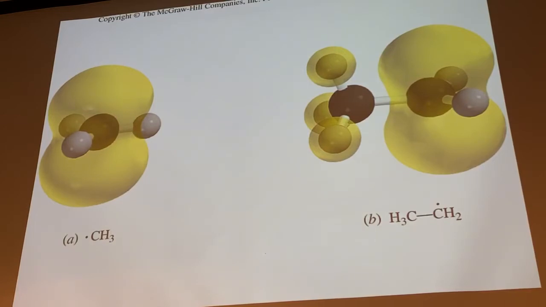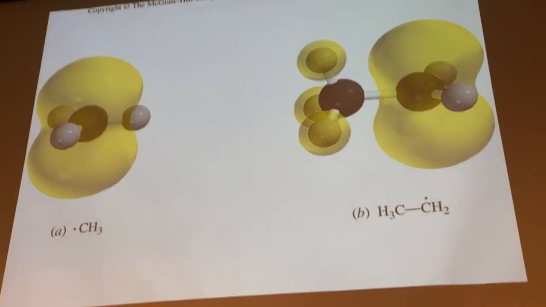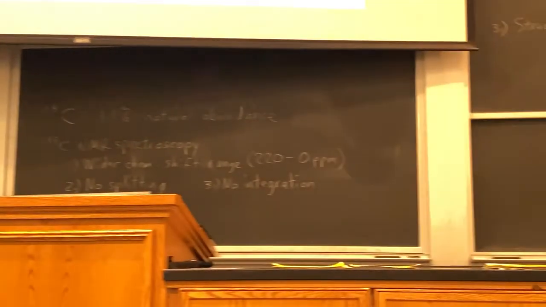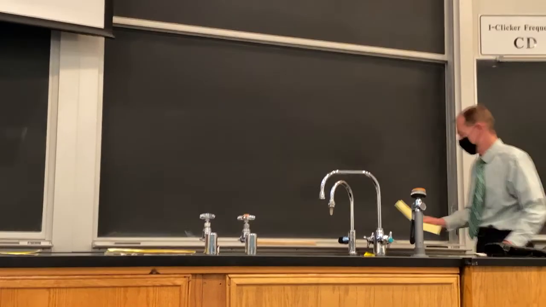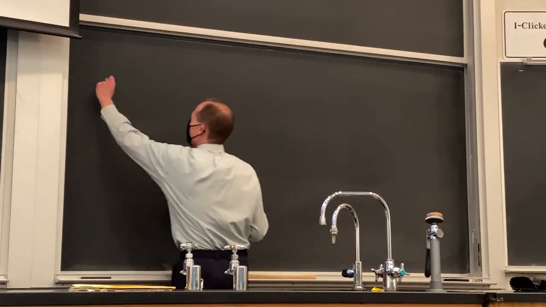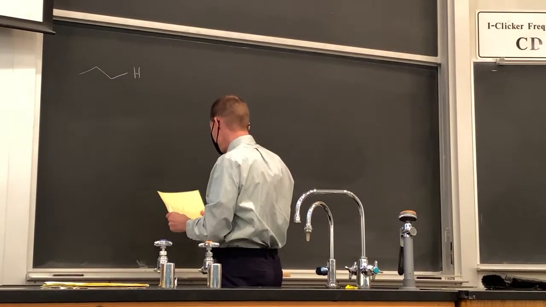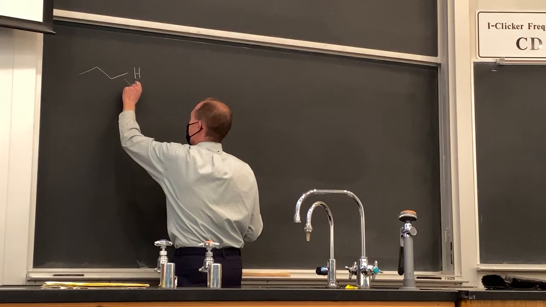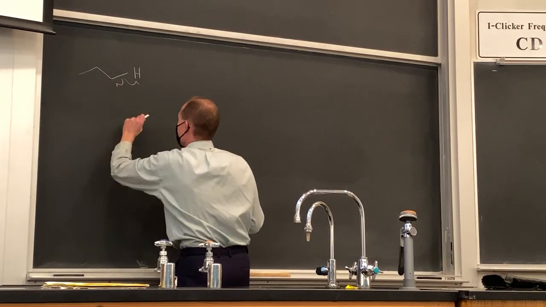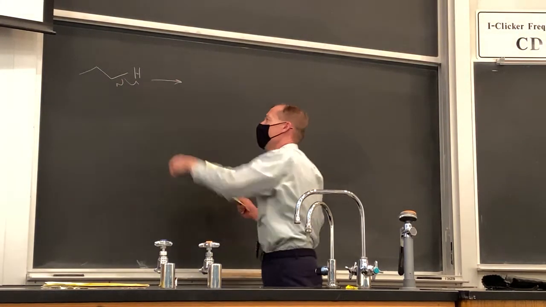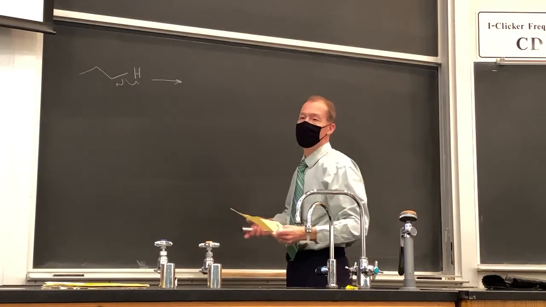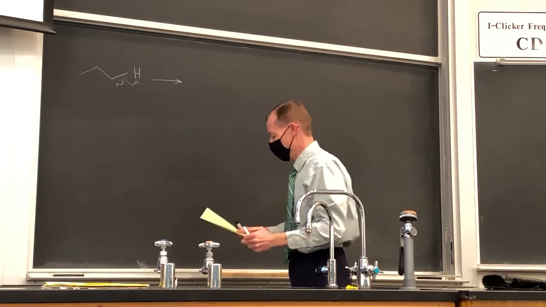We can actually use bond dissociation energies as a measure of the stability of radicals. I'll show you what we mean by this. If we have propane, we can measure the amount of energy it takes to cleave one of the primary carbon-hydrogen bonds in propane.